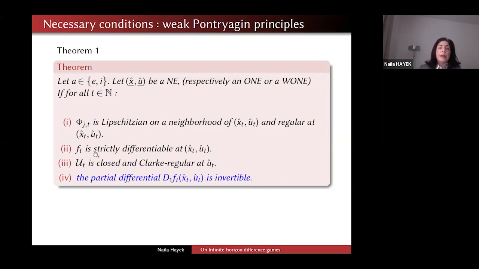If ft is strictly differentiable at x hat t, u hat t, if ut is closed and Clarke regular at u hat t, and, this is what I put in blue, a special condition that I will need for the infinite horizon: the partial differential d1 ft of xt, ut is invertible.